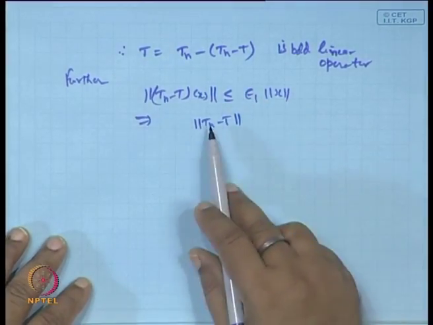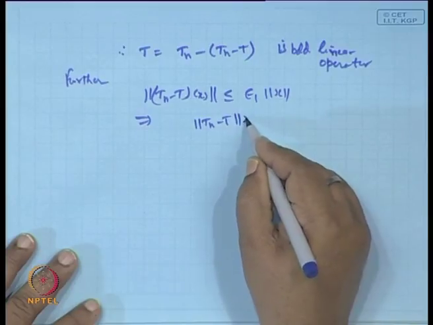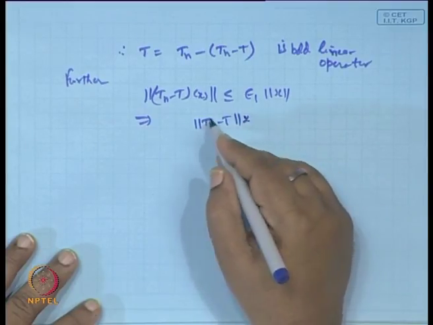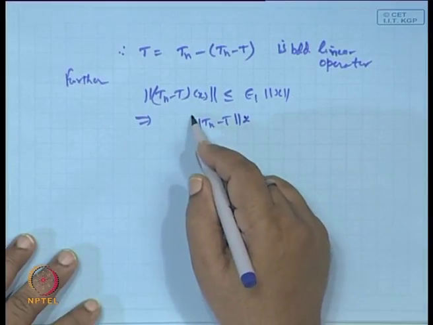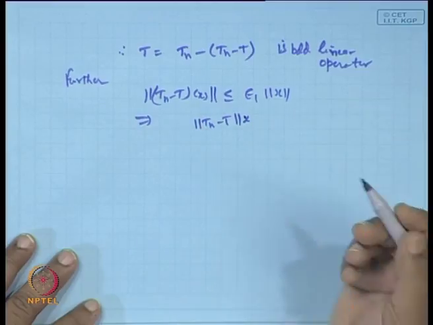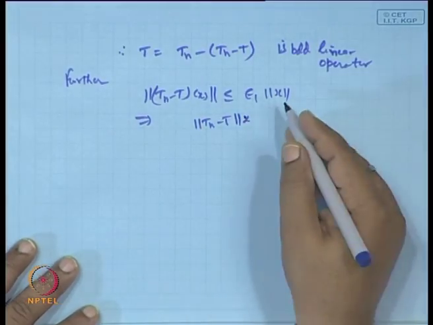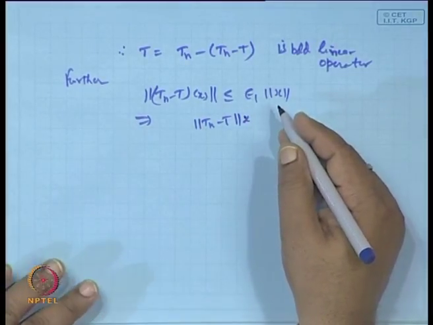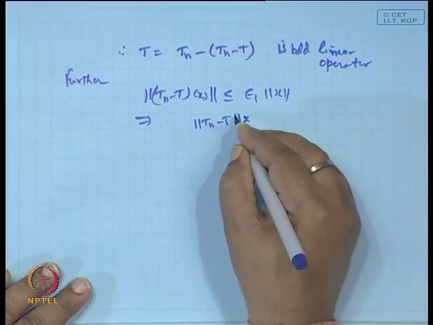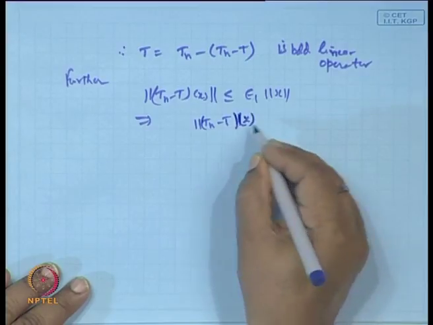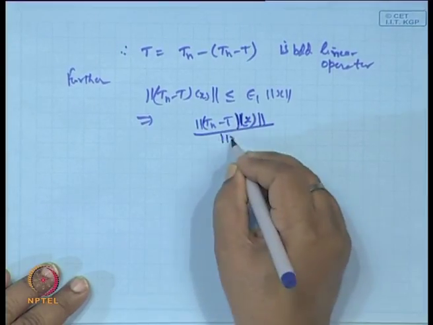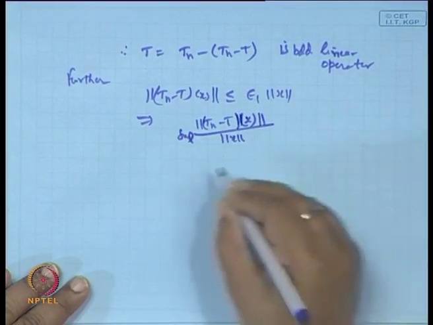Now, what is the norm of Tn x? This is the supremum, take the supremum over all x. So it is bounded. So we get the supremum of norm of Tn x is finite. Take this norm of, I think I will just write, this divided by norm x, take supremum over x.